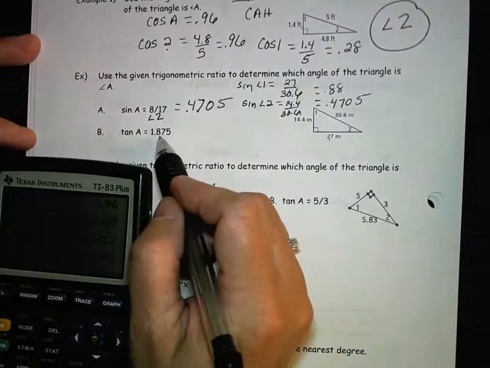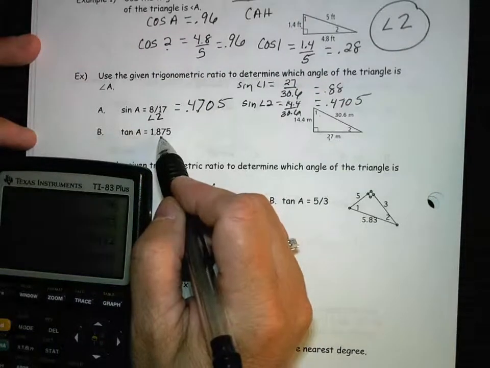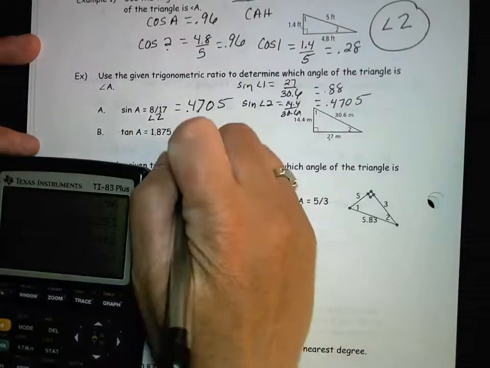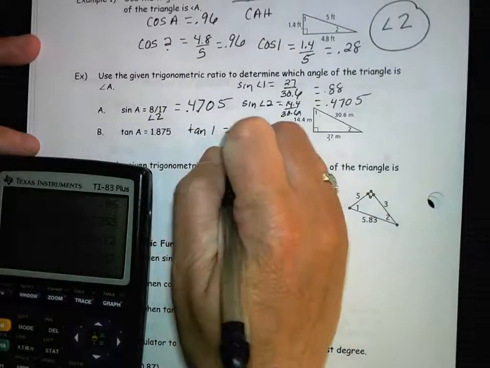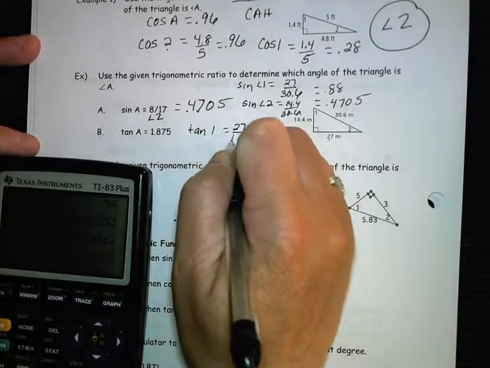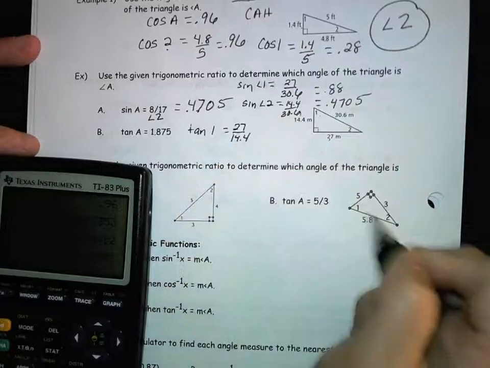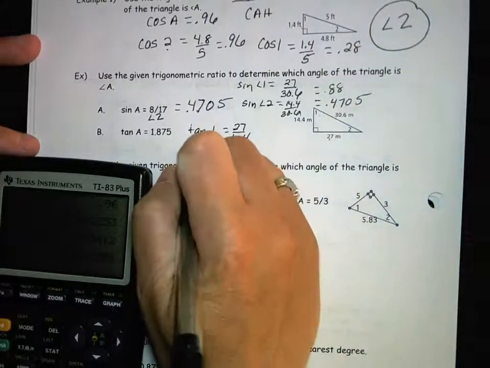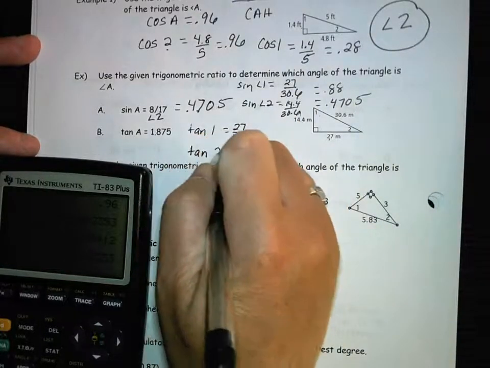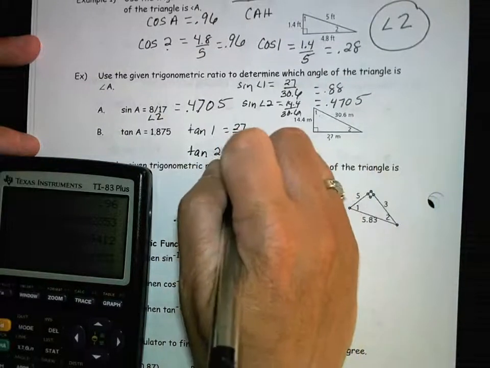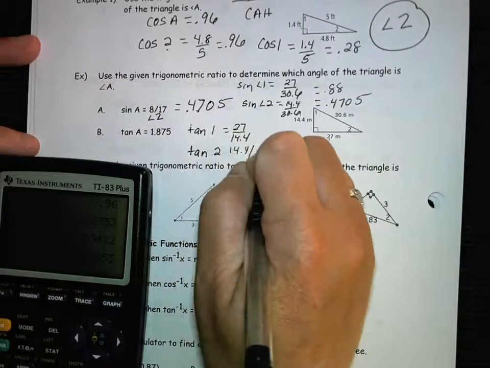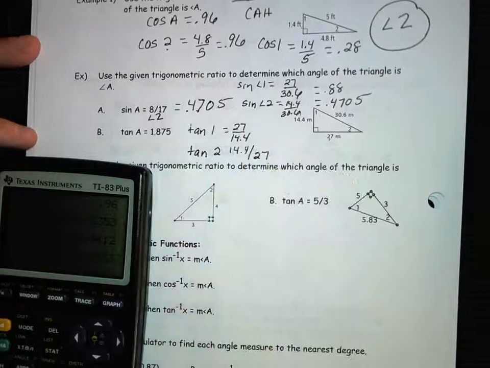And then we have tangent of A is 1.875. If we do the tangent of 1, you will have 27 over 14.4. And if you have the tangent of angle 2, opposite over adjacent, is 14.4 over 27.